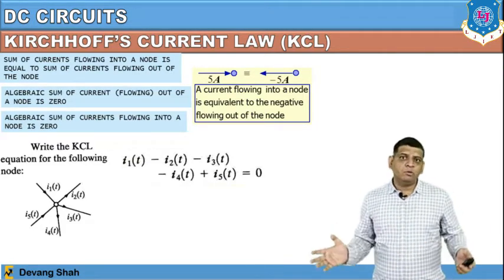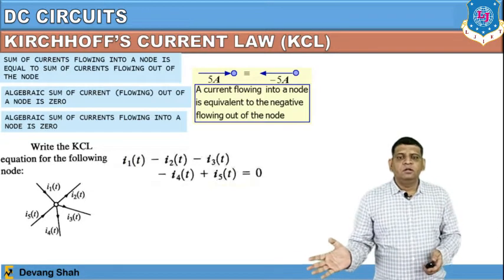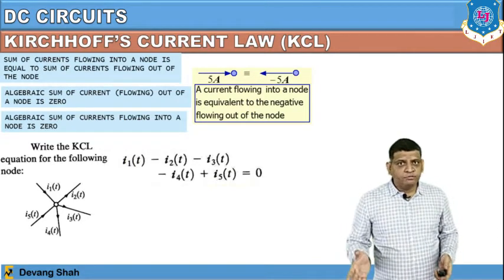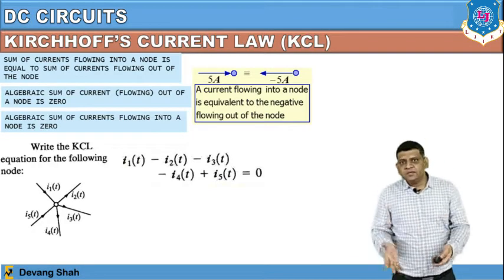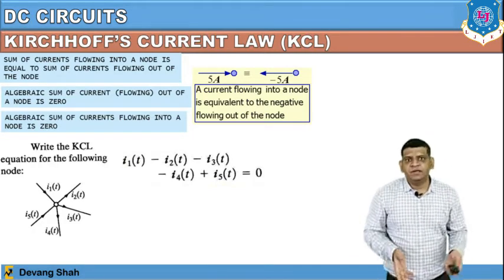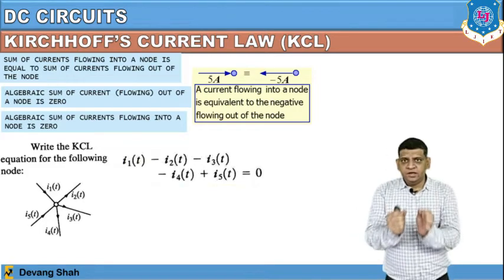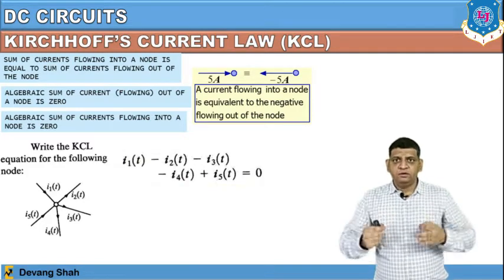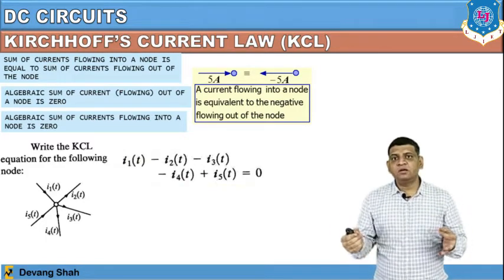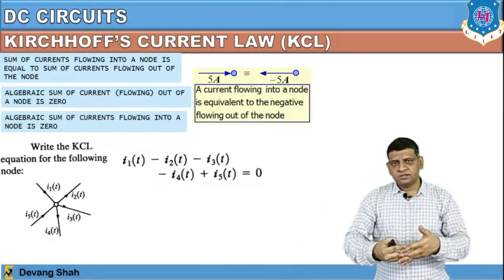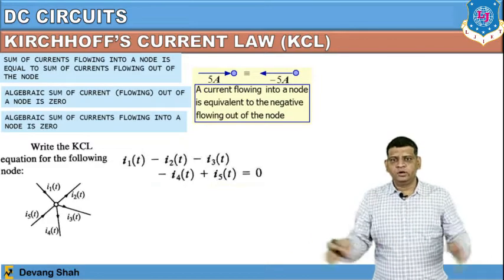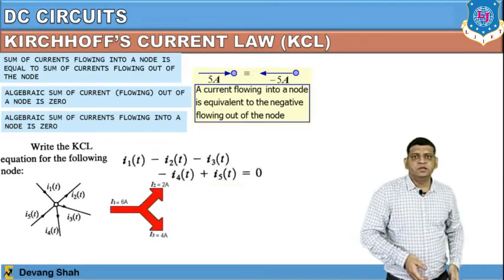So the algebraic sum of current, like I1 as a function of t, you always write like this: I1 minus I2 minus I3 minus I4 plus I5 is equal to 0. You need to identify the node, and your next job is to analyze how many currents are entering and how many currents are leaving. So the sum of entering currents is equal to the sum of outgoing currents.